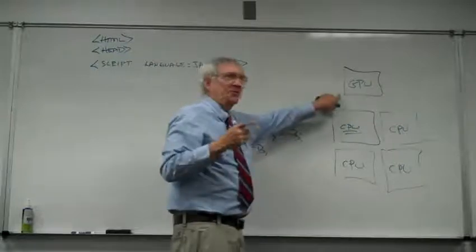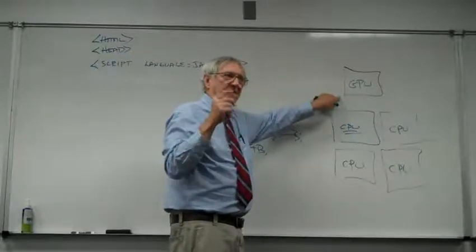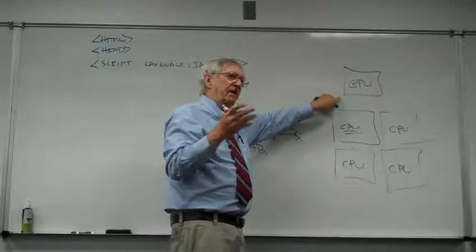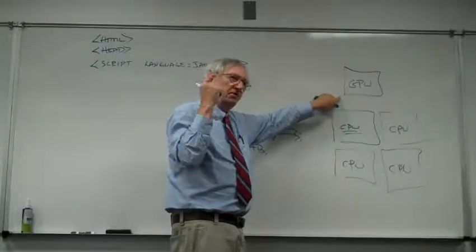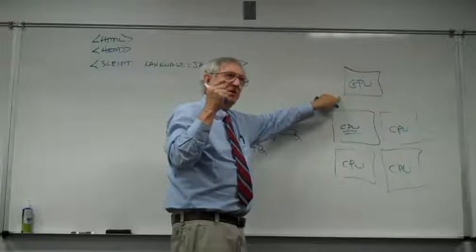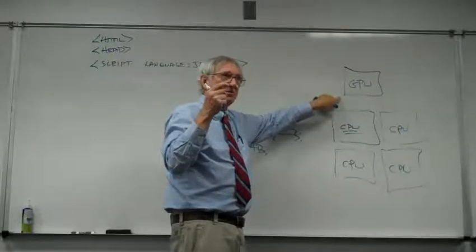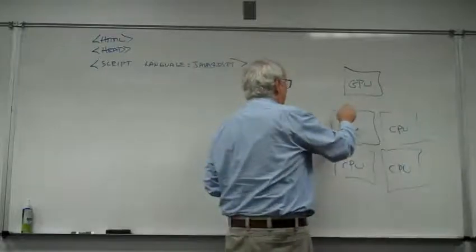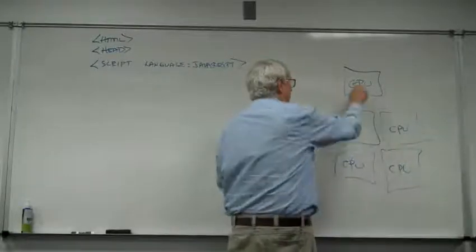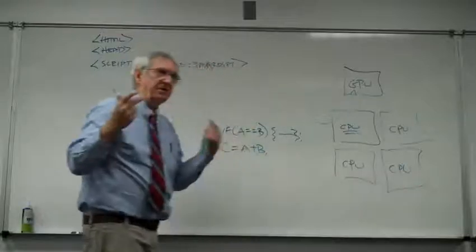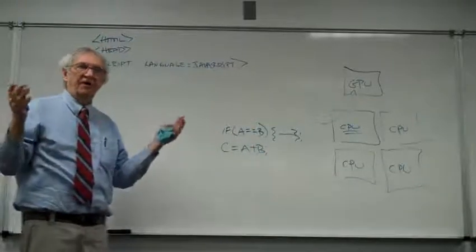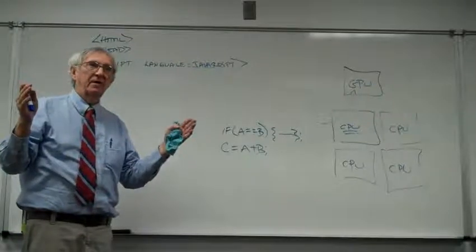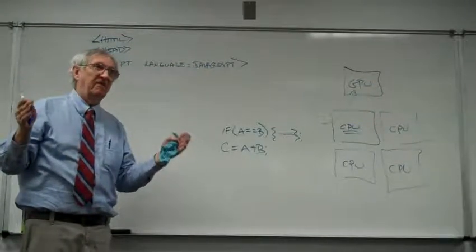Well, at first it was only drawing the graphics board, but that idea was so good that these guys said, if we could somehow do our calculations on the graphics board, we can move much faster with interpreted languages. So what they did is, now JavaScript goes up here, gets its calculations done on the fastest piece of computing in your box, and therefore it can run in very, very fast time.